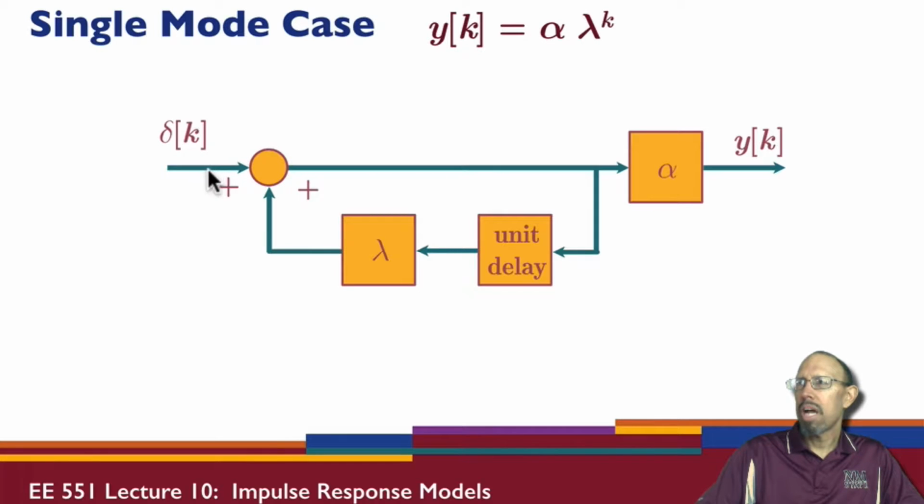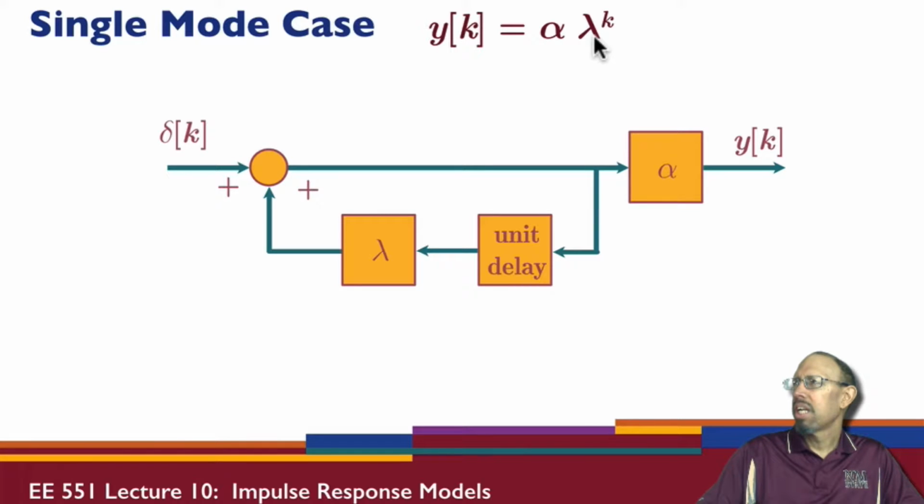So at time 0, we have the delta function coming in. This is 0. The delta function is 1 at time 0, so it comes here, goes through alpha, and it also goes into our unit delay. At time k equals 0, this will be 1, which will make this alpha.